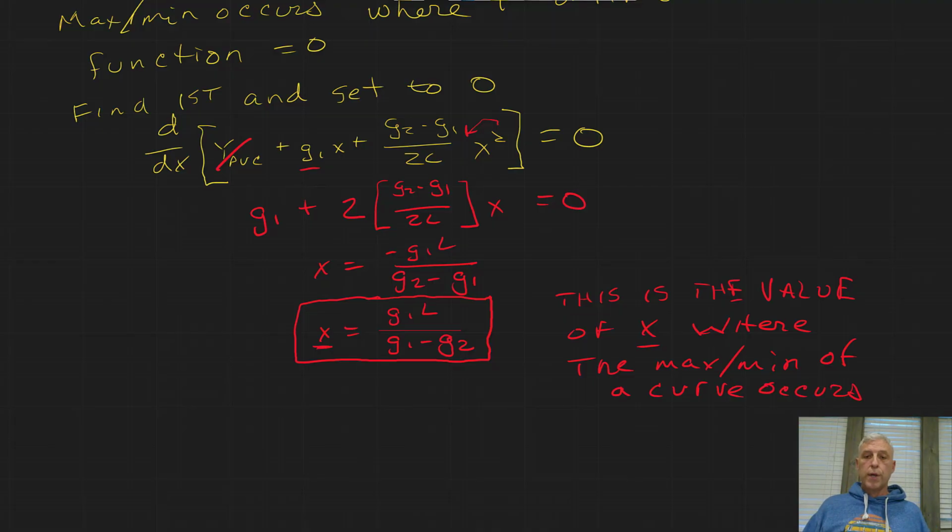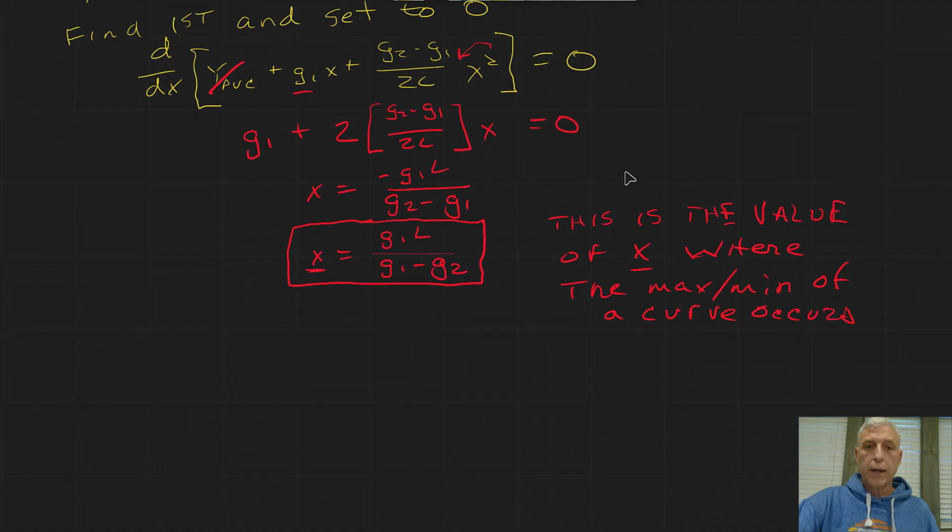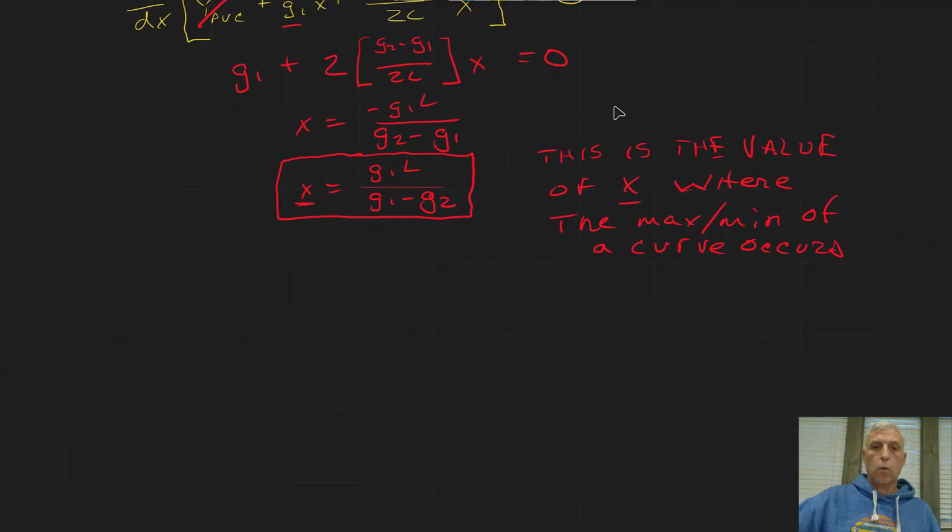So we don't know yet what the elevation of that maximum is in our example, or a minimum in another problem maybe, but we know the x that will get us there, or we know how to get the x. So we know all these. We have L, we have G1, and we have G2. So all we have to do is plug in those values that we know, and find what x value gives us the high point or low point.